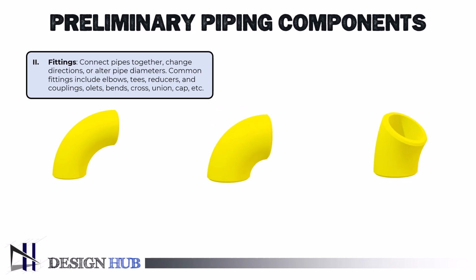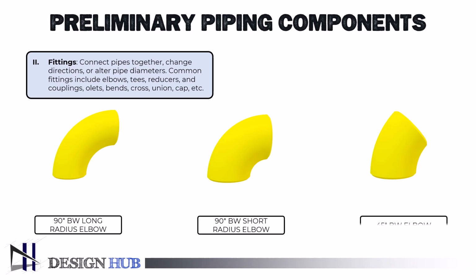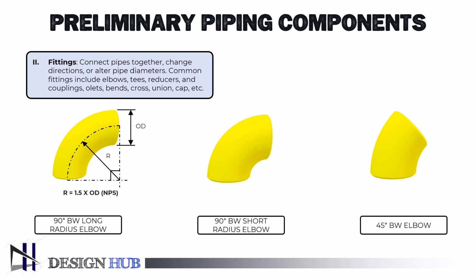The term 90 bends or 90 elbows refers to elbows that are 90 degrees. There are two types of 90-degree elbows: short radius, SR, and long radius, LR. The elbows differ in their curvature radius. In an LR elbow, the curvature radius is 1.5 times the pipe diameter, whereas in an SR elbow, it is equal to the pipe diameter.